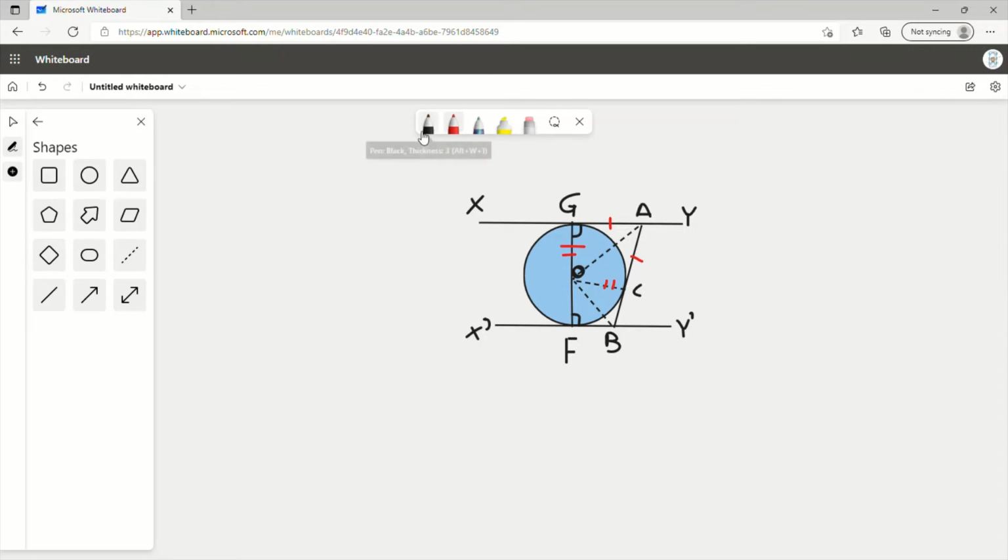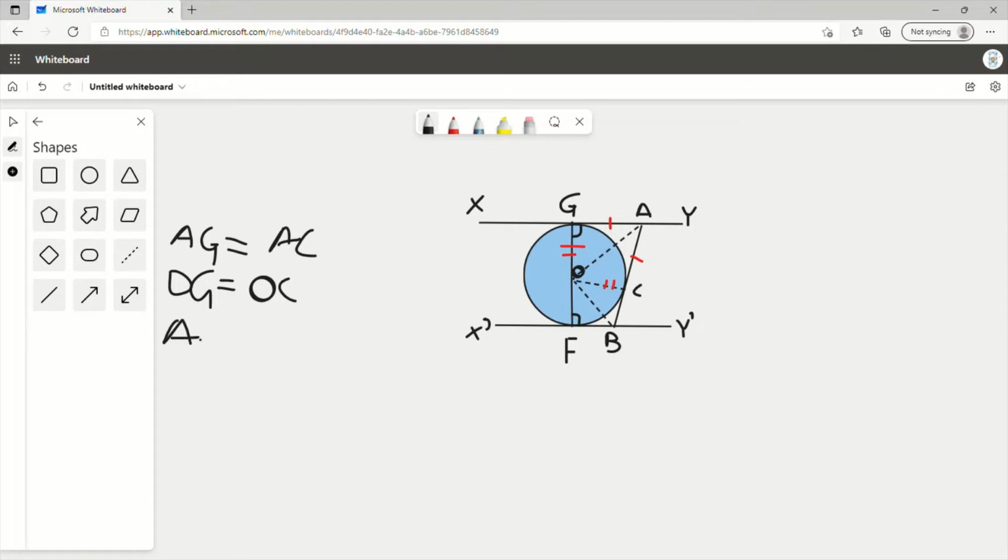So I guess I'll write it down. AG equals AC. Now second thing is OG equals OC, and we see that AO is common.